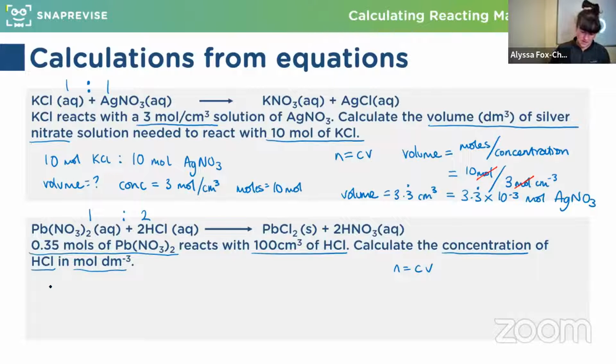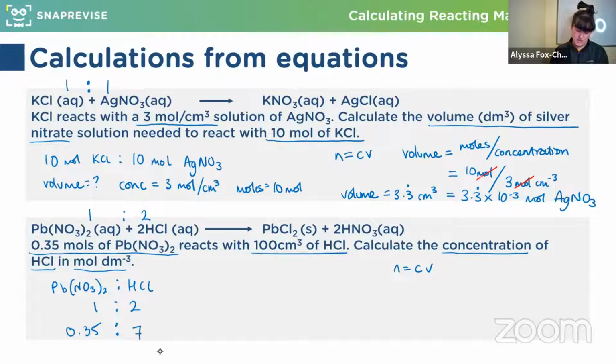So in this case, I've got PbNO3 and 2 HCl. This is a 1:2 ratio. I've been told I've got 0.35 moles of lead nitrate. So how much HCl do I need?